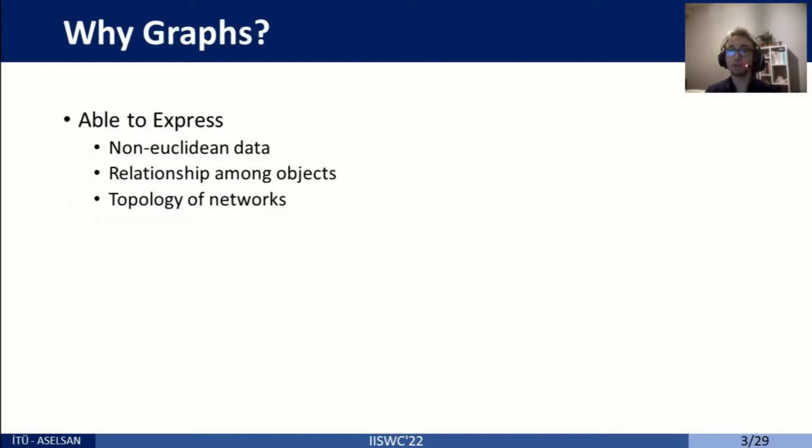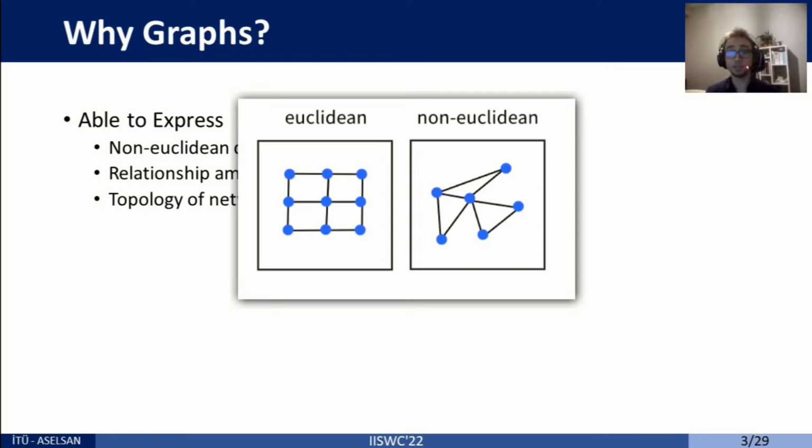But first of all, I'd like to mention why graphs. Graphs are able to express the non-Euclidean data. Just as a quick reminder, in Euclidean data, the connectivity information of nodes are static and same for all nodes, just like in pixels. On the other hand, for non-Euclidean data, this connectivity is dynamic and can change greatly from node to node.